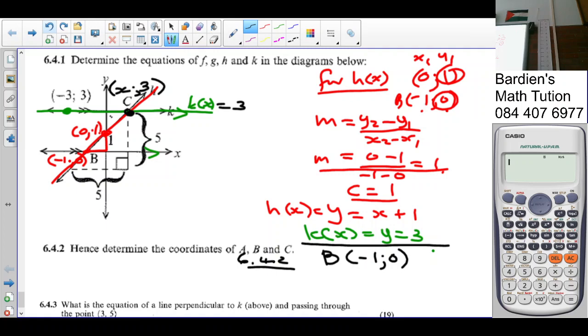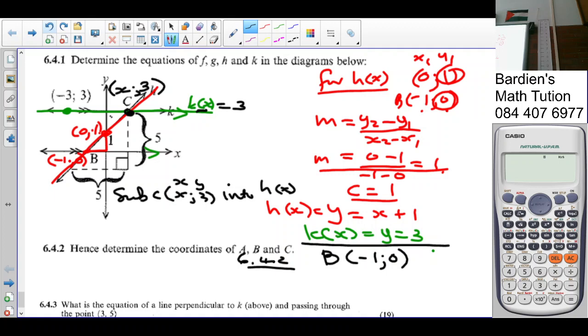How can you calculate the x value? By substituting C, which is x and 3, into which graph? Into the graph of h of x. Why not k of x? Because k is straight 3. It's not going to help us. So we have an x and a y.